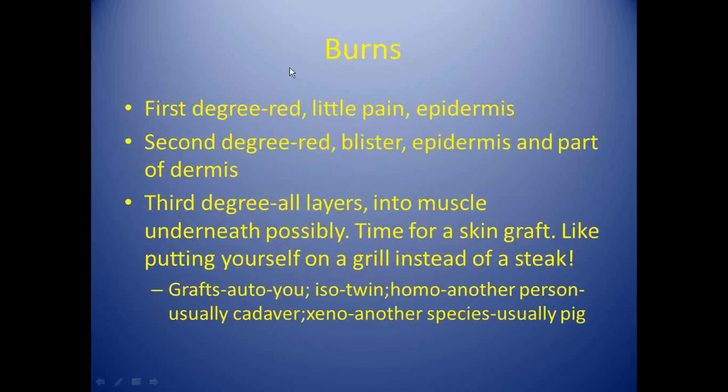Also with skin, we have to consider different levels of burns: first, second, and third degree. If you've ever grabbed something hot off the stove, or maybe a quick touch with a curling iron, you might have experienced a first degree. You got a little pain.